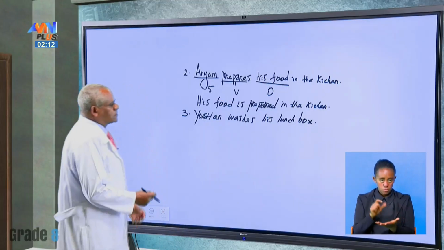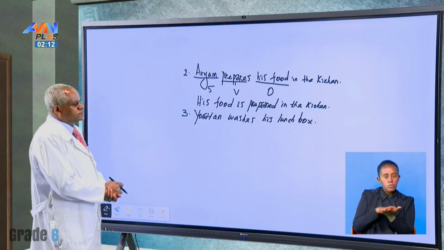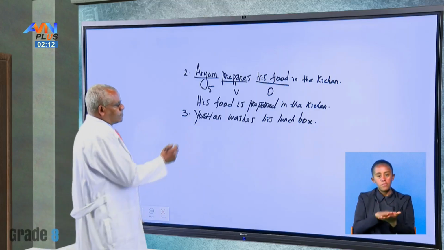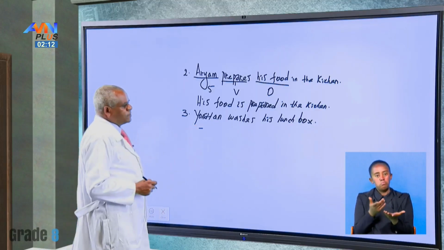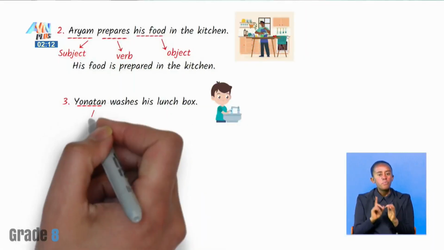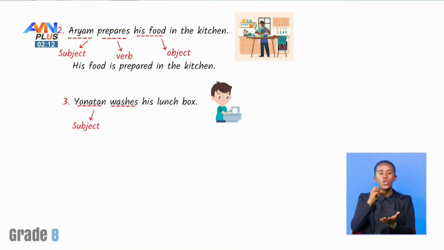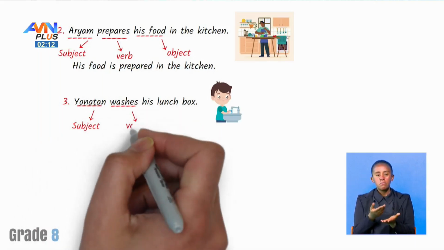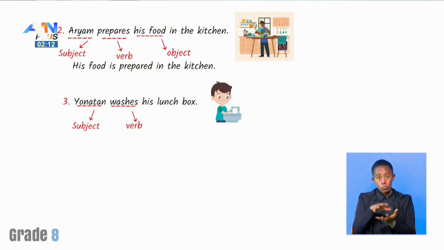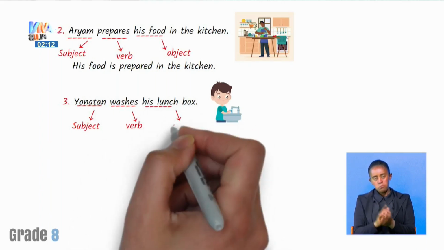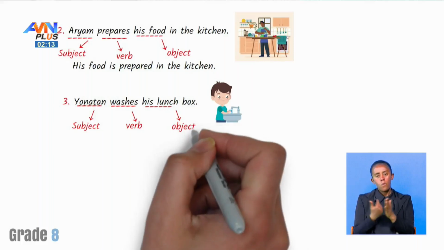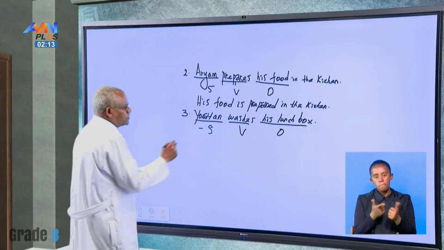Again, its passive form will be what? Jonathan is the subject. Wash is a verb. His lunchbox stands as an object phrase, right? So, these are all objects. So, his lunchbox is washed.